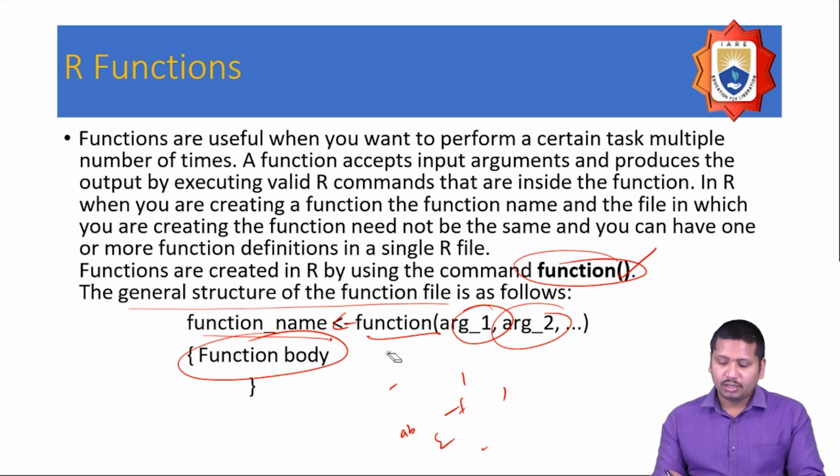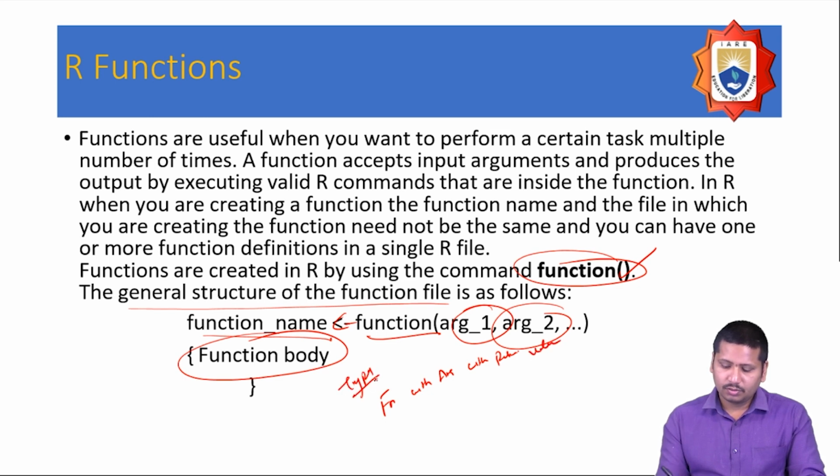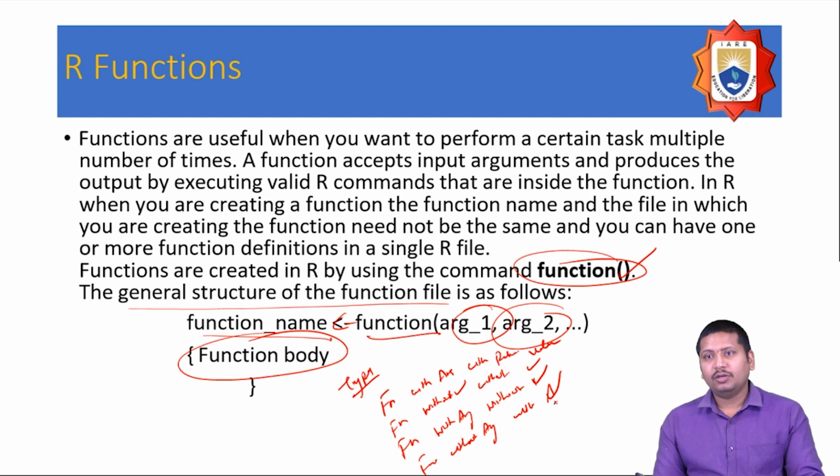Functions are the building blocks of a program. The different types of functions are: function with arguments with return values, function without arguments without return values, function with arguments without return values, and function without arguments with return value.